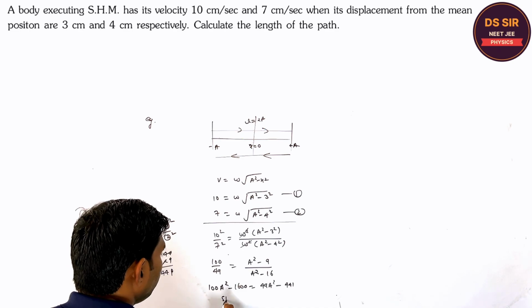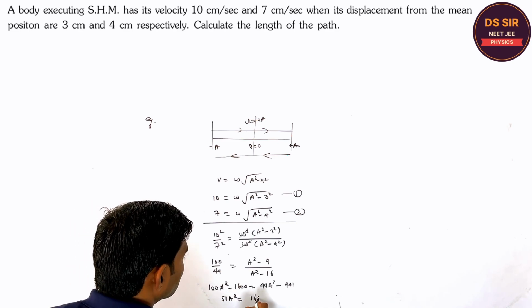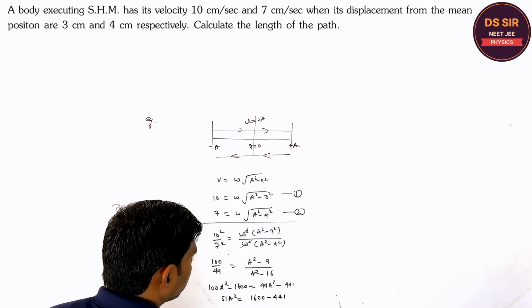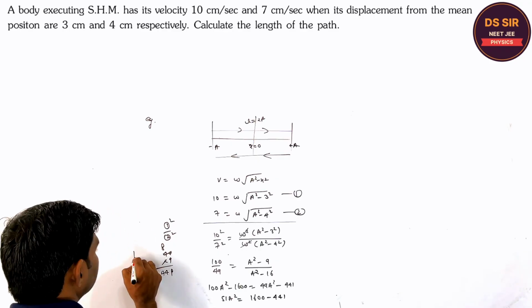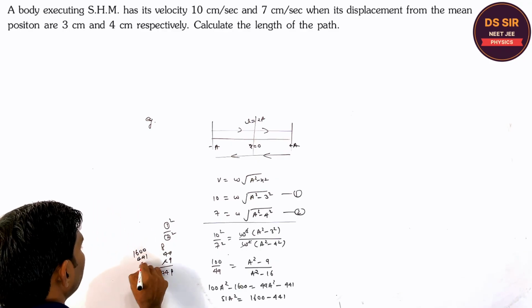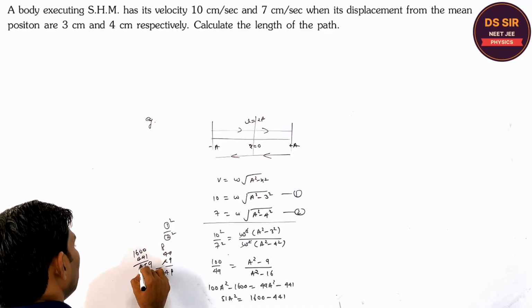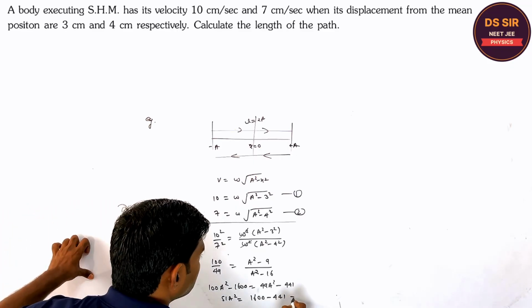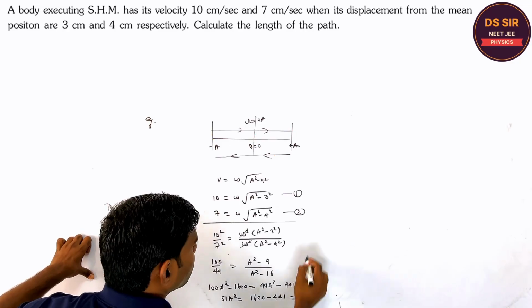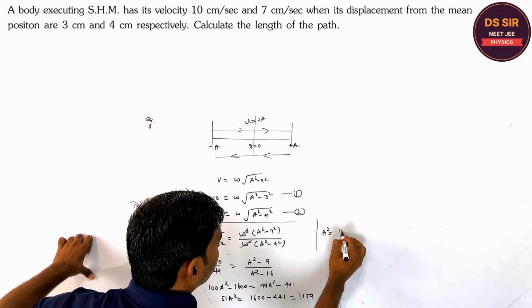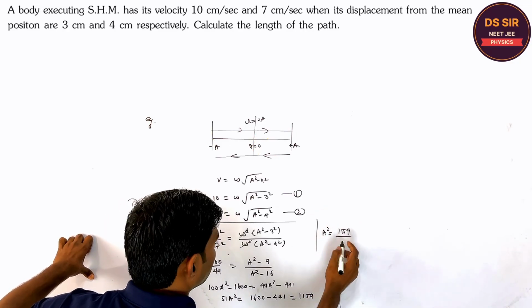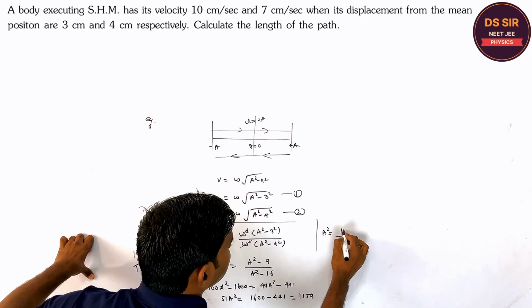So when you simplify, 51 A² equals 1600 minus 441, which is 1159. So A square is 1159 upon 51, right?